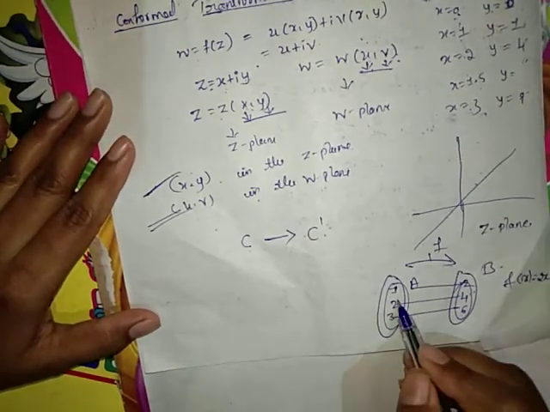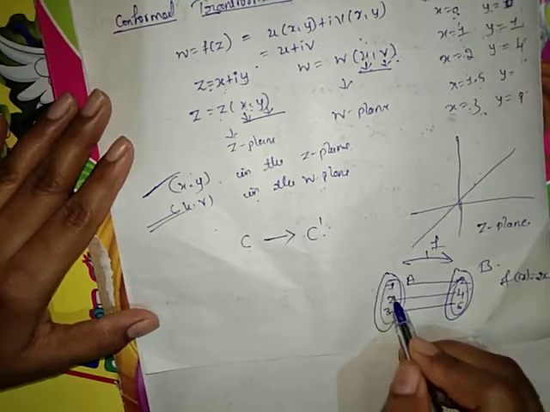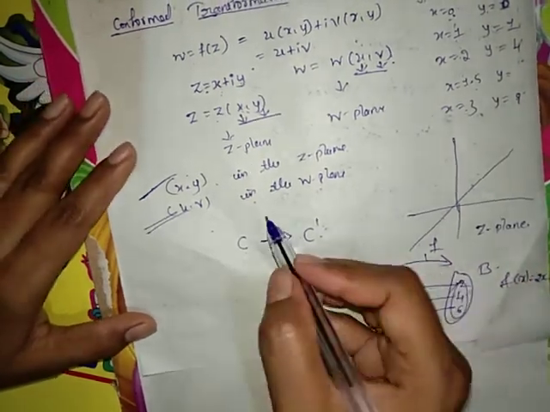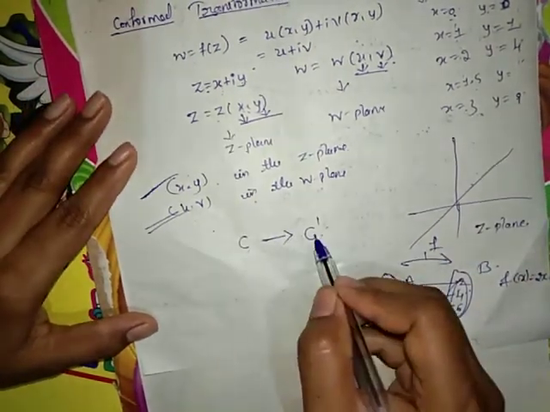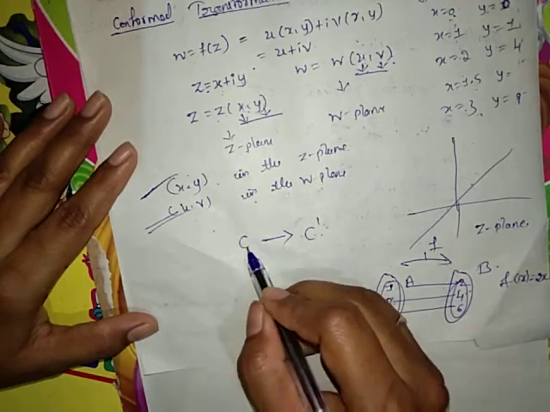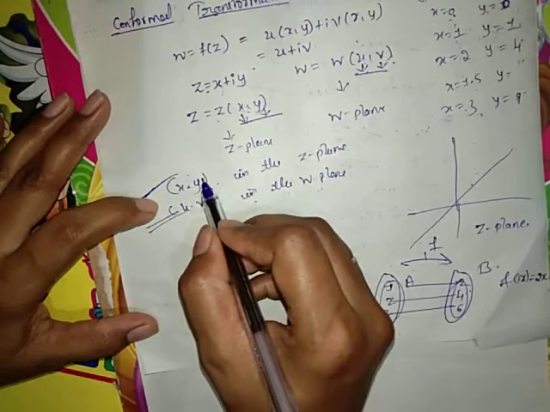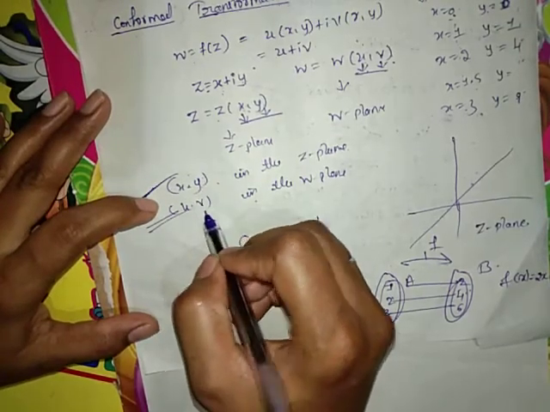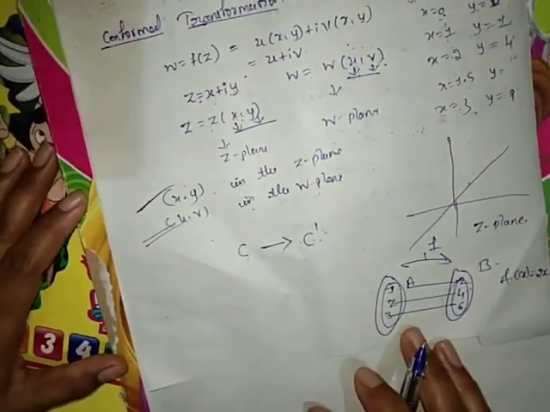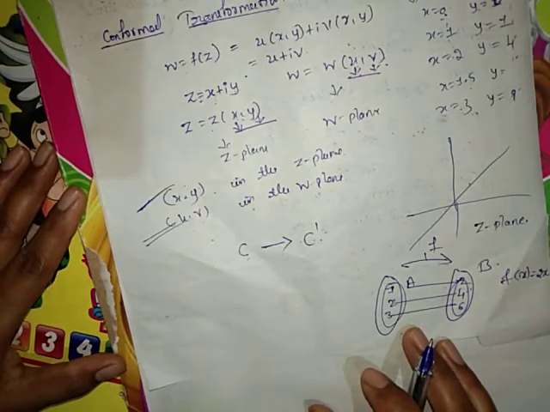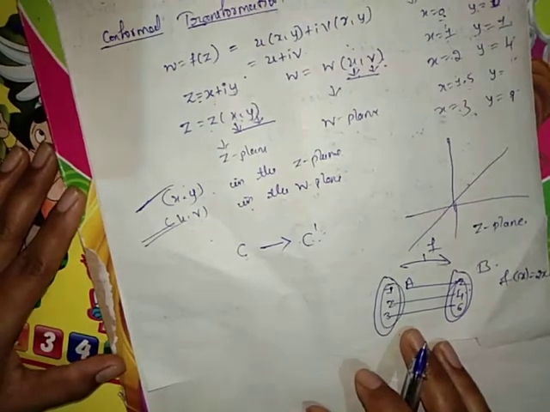This is the image of these points and these are the pre-images of these points. If the curve C is transformed into C dash, then the sets of points x comma y and u comma v will be called images of each other.